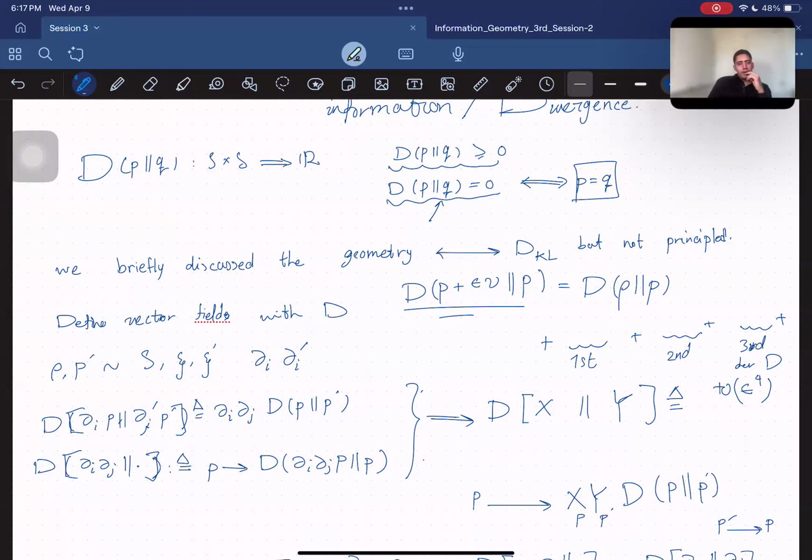So this is where I want to bring in the geometry. In order to connect divergence to Riemannian geometry, I say the second order derivative, this thing should look like the Riemannian geometry. And the third order one, this thing should look like the connection.